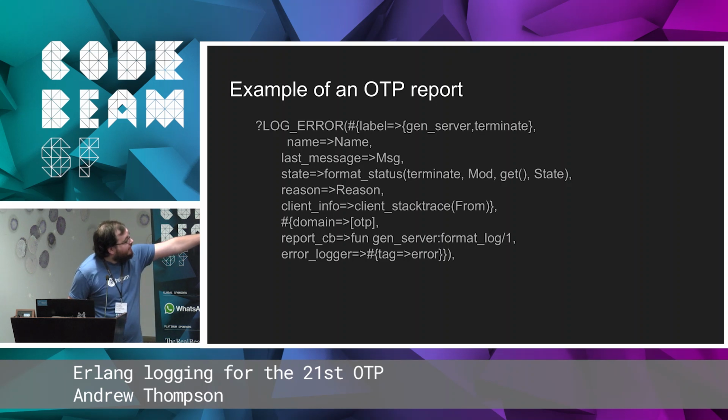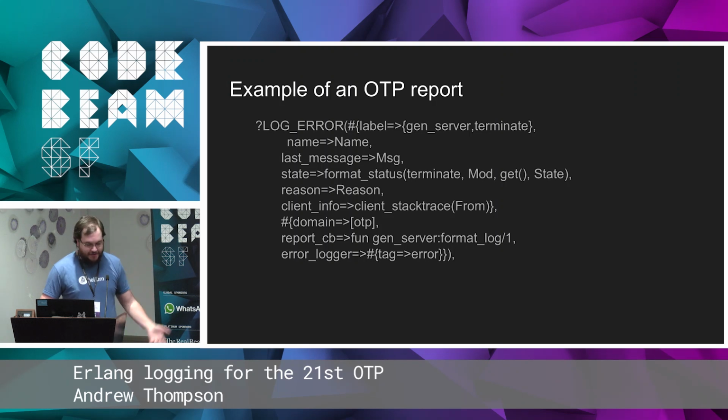And then crucially, we have the domain otp, so we know that OTP is originating this message. Here's the default report callback, which is gen_server format_log. And then there's something about error_logger there. It feels redundant, but okay, backwards compatibility, of course. Fair enough. You don't really have to pay attention to that.